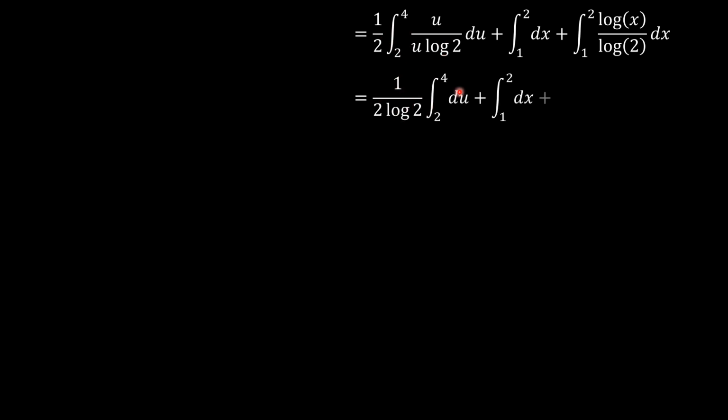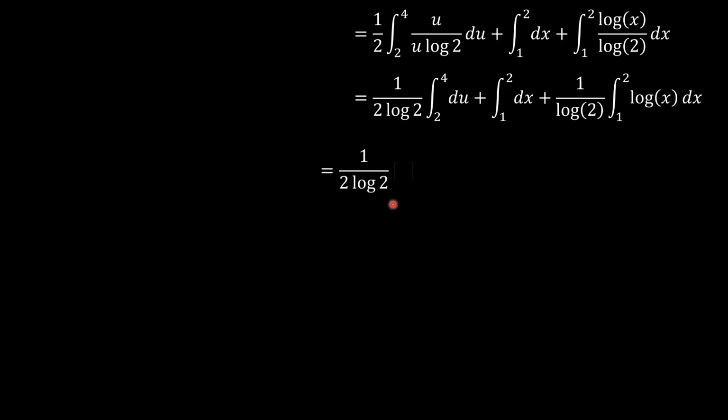So we have 1 over log 2 times the integral of 1 from 2 to 4, plus the integral from x equals 1 to 2 of 1, plus, pulling out the constant, 1 over log 2 times the integral of the natural logarithm of x.